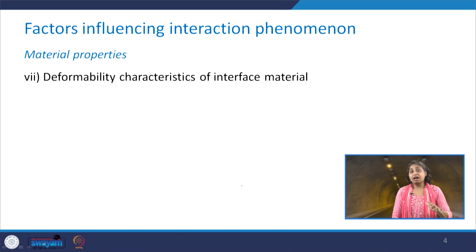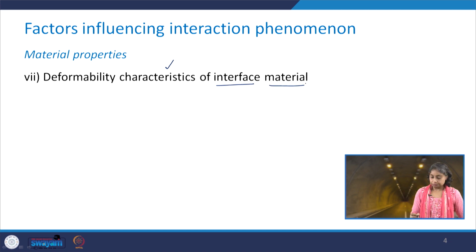Coming to another important material property which influences the interaction phenomena, that is the deformability characteristic of interface material. So, let us try to understand with the help of the figure what exactly we mean by this interface material. See, here we have maybe the excavation, and what will happen when we excavate?